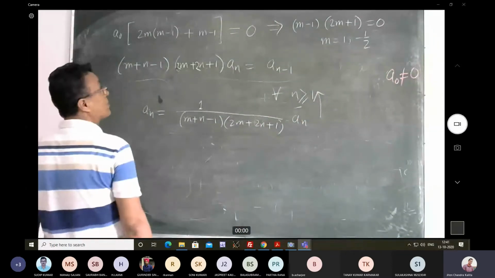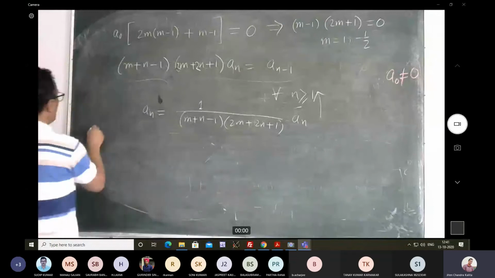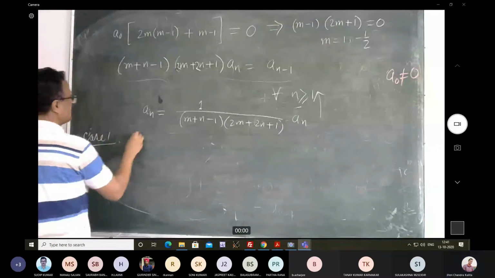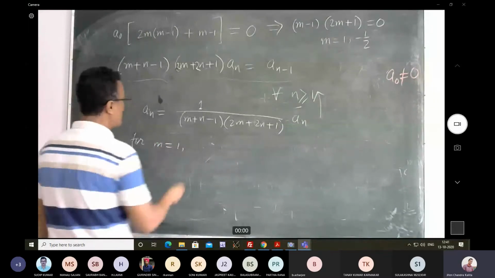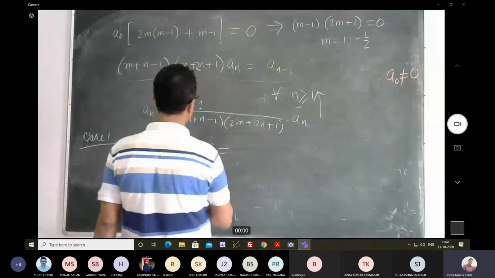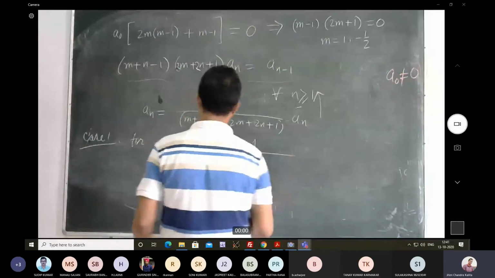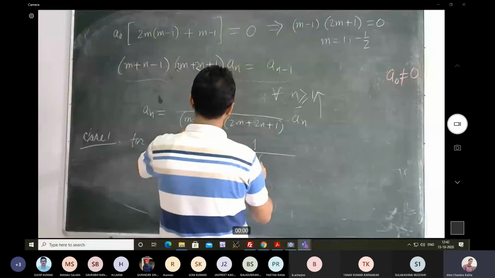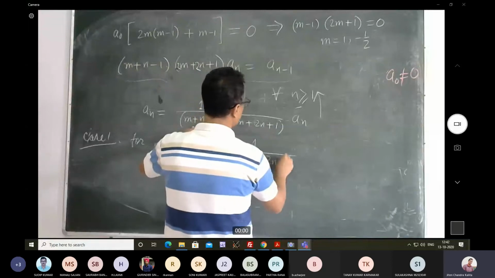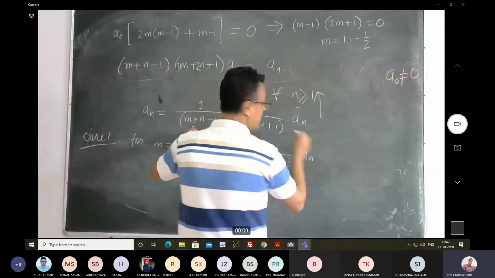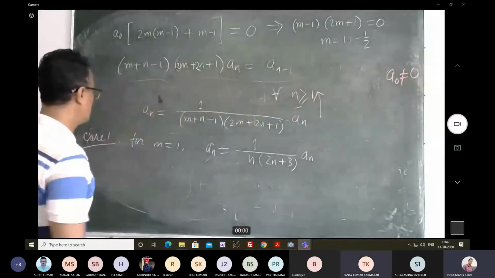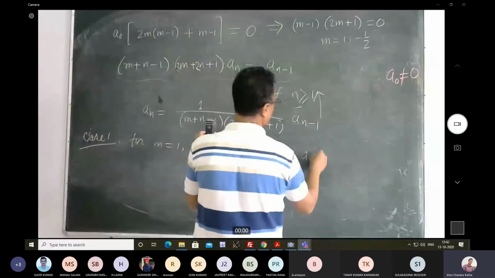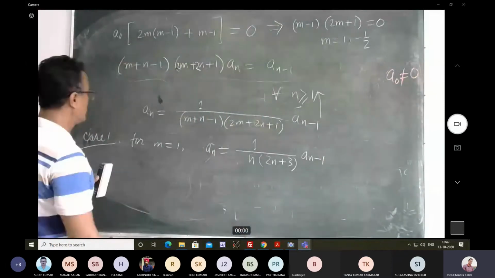So case 1, for m equal to 1, your an becomes 1 by n into 2n plus 3, right, an minus 1. Sorry, this is an minus 1. Yeah.